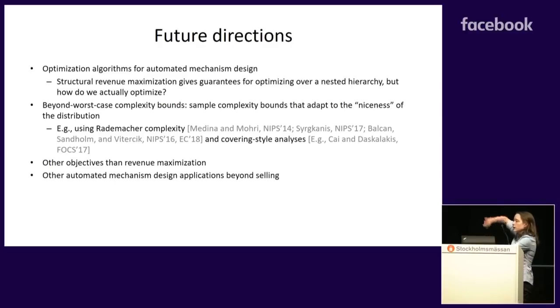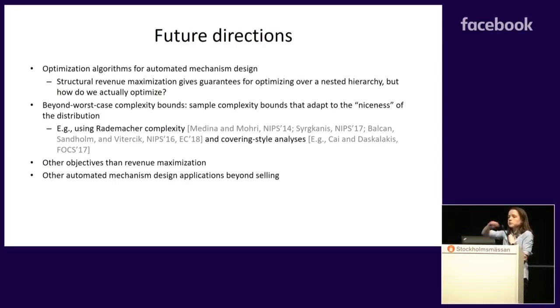So the slide on structural revenue maximization I gave a high-level overview of gives you guarantees for structural revenue maximization, but it doesn't actually tell you how to optimize over the hierarchy in a smart way. So how can you actually do this kind of optimization procedure? This has been the challenge of structural risk minimization in machine learning for decades.